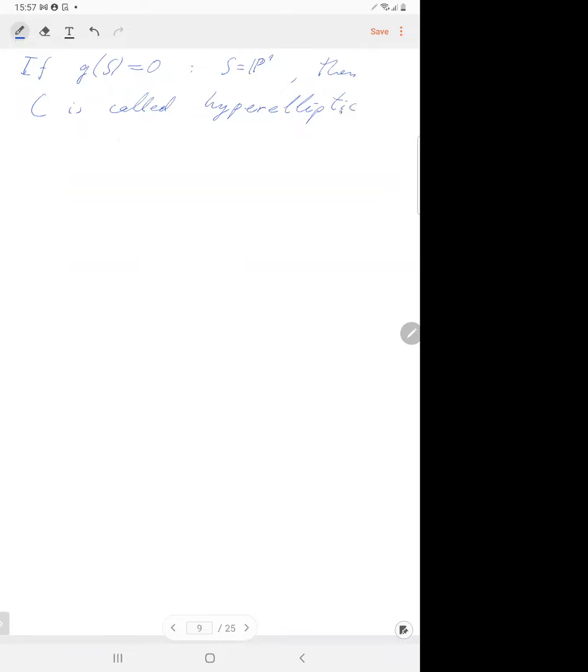It's called hyperelliptic because if n is 2, then the genus of C is 1, and C is elliptic.